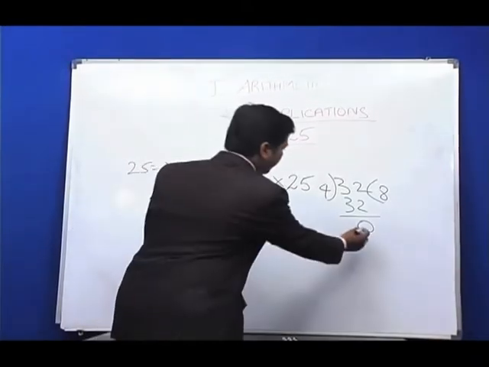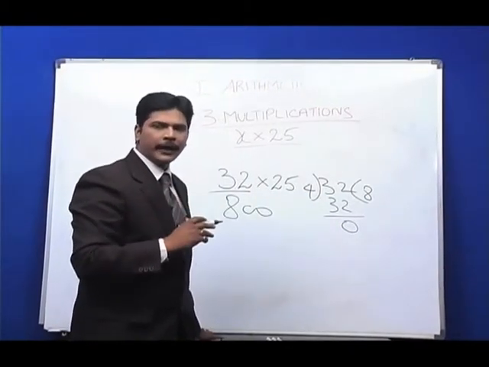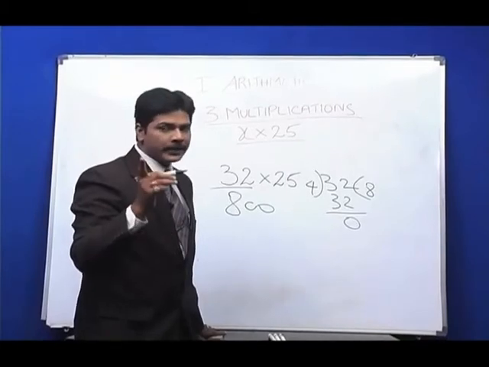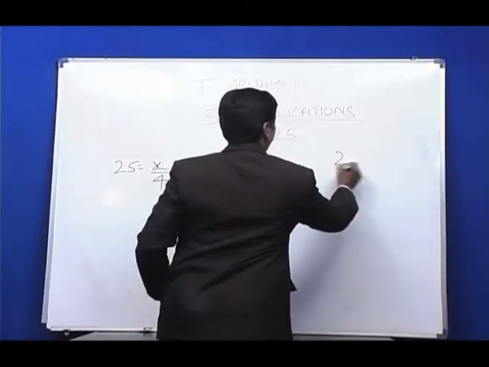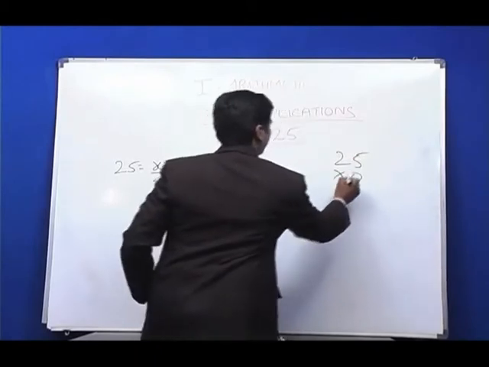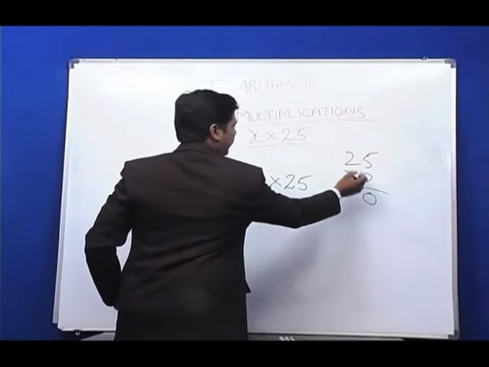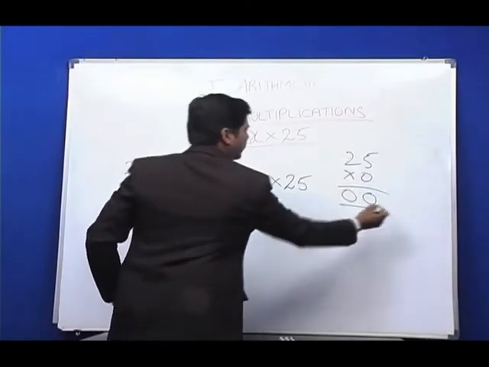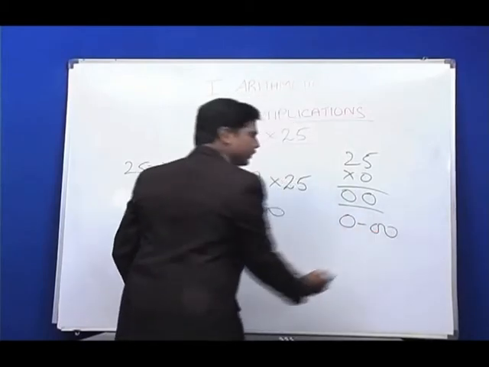If you get remainder 0, multiply 0 by 25. How much do you get? It's not one 0, it's 2 zeros. Let me explain how. When you multiply 25 by 0, 0 times 5 is 0, 0 times 2 is 0. See, it's double 0. So when you get remainder 0, the answer ends in double 0.